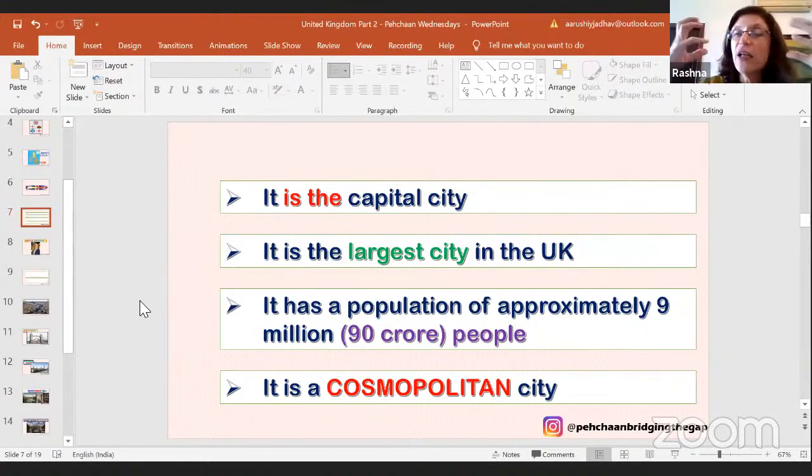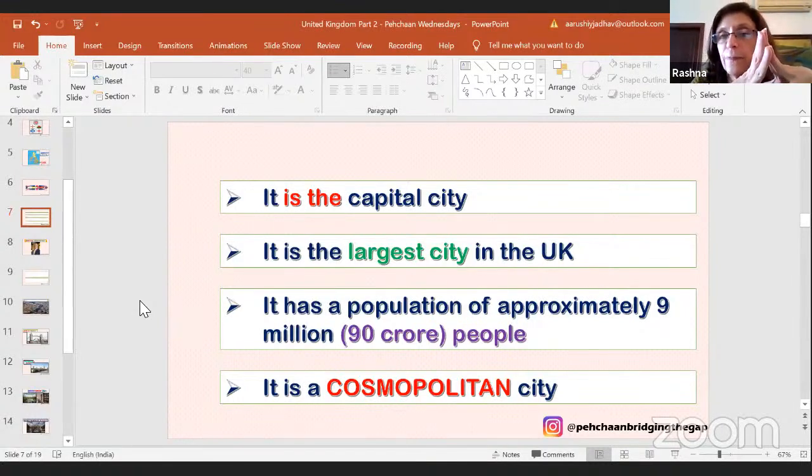Cosmopolitan is when many different kinds of people are there in a city or a country or a society. When we have people from different parts of the world, people who look different, who speak different languages, and all those people live together, it is called cosmopolitan.